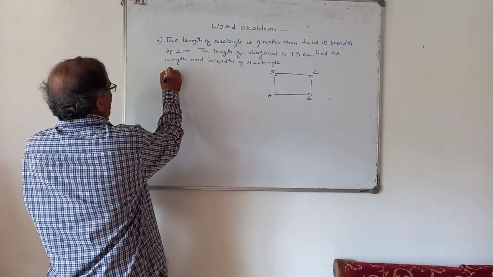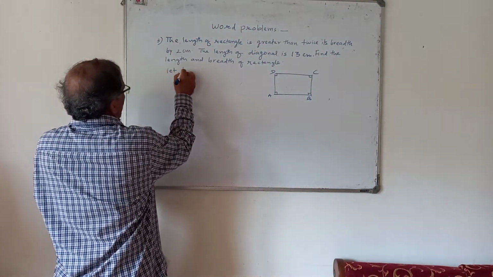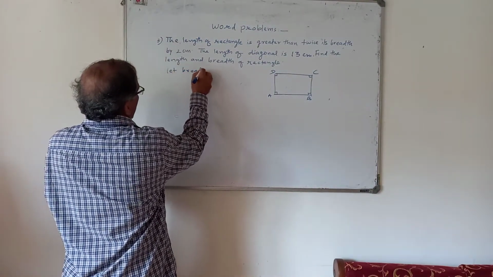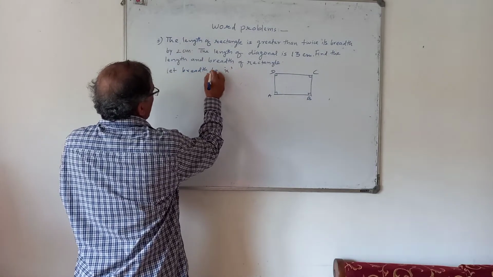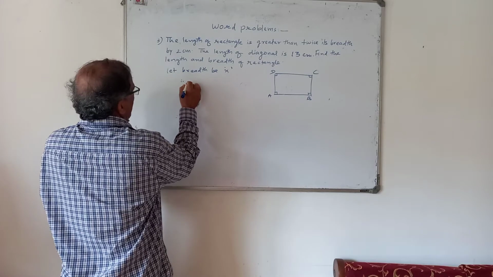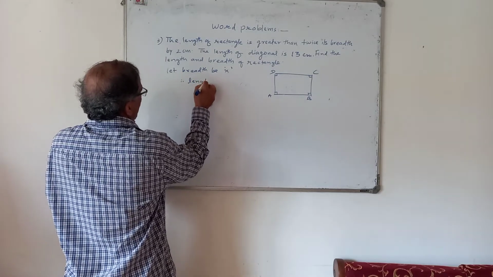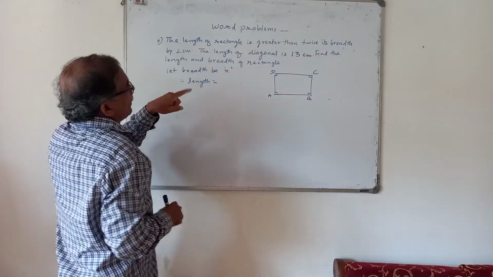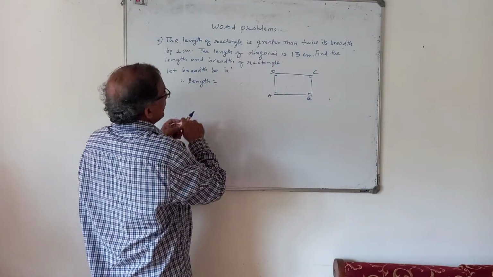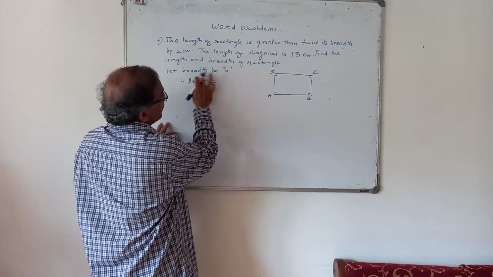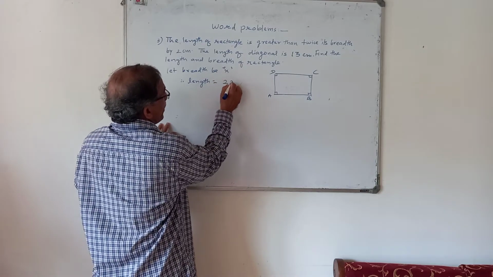So let the breadth be x, and therefore the length is equal to, length is greater than twice its breadth. Now the breadth is x. Twice the breadth means 2x.